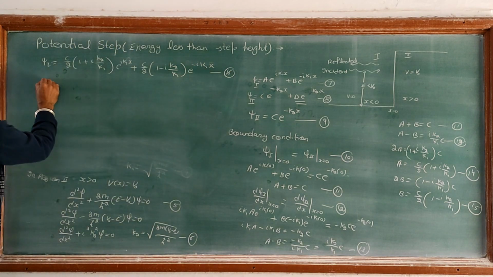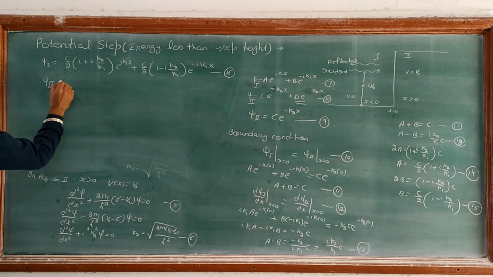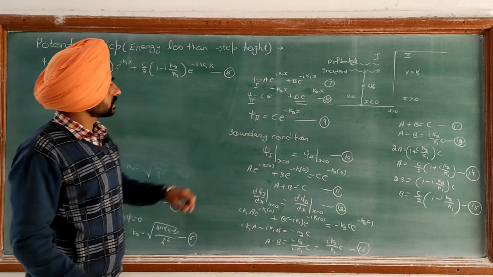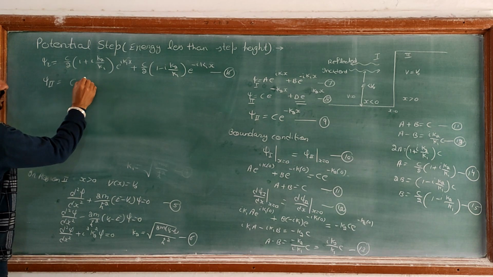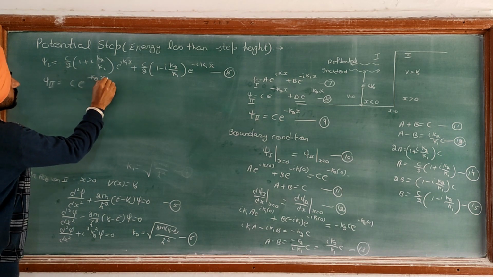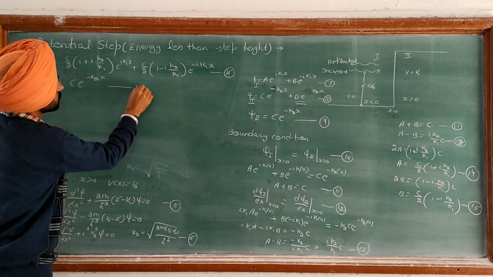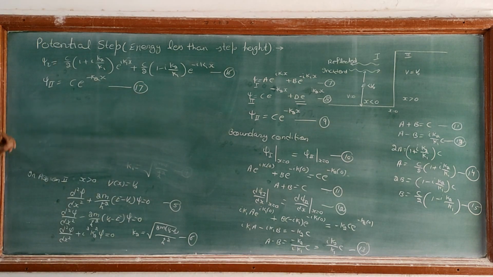And now psi 2 is equal to, similarly, c exponential minus k2x. So there is no need to substitute any value because it is already in terms of c. So we have psi 1 and psi 2.